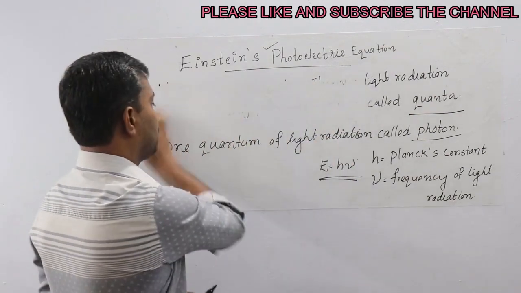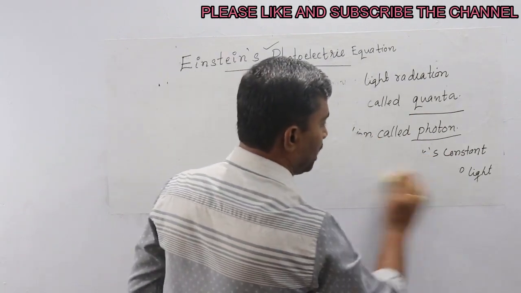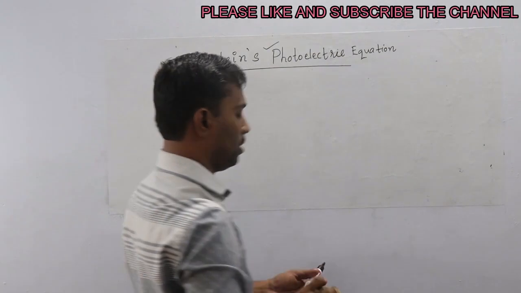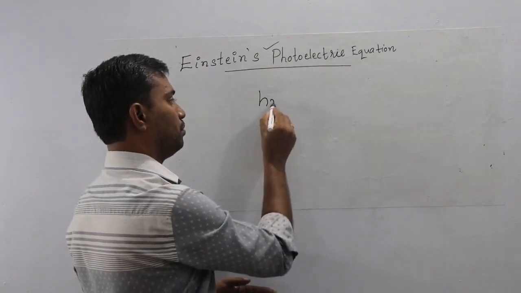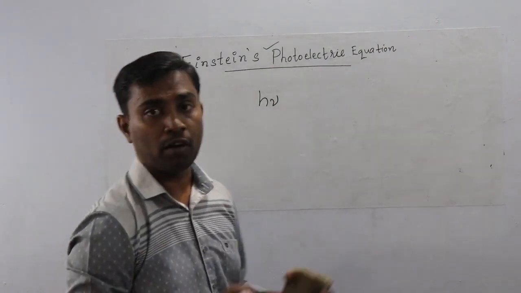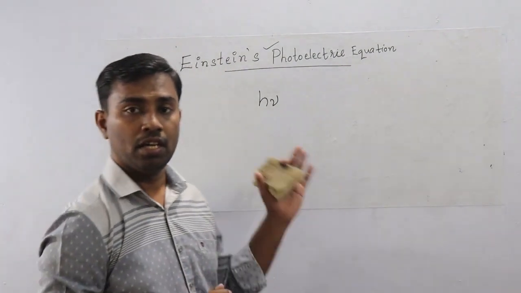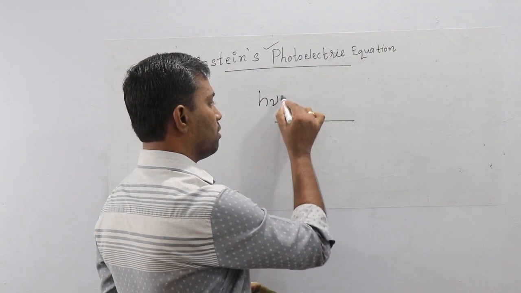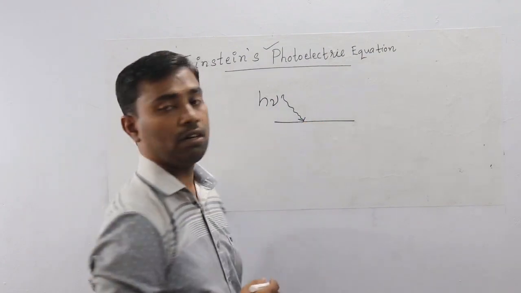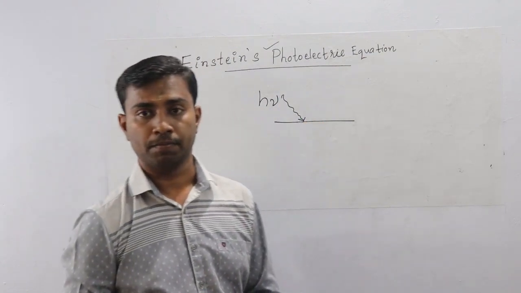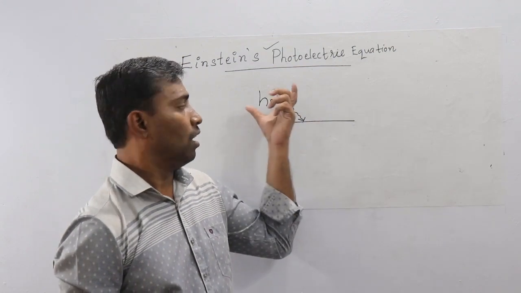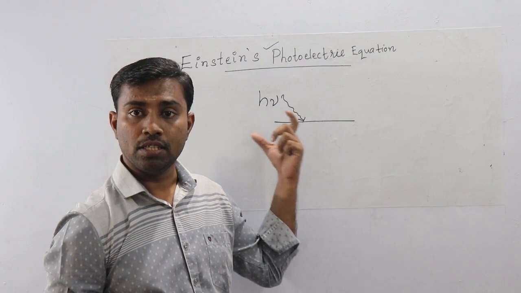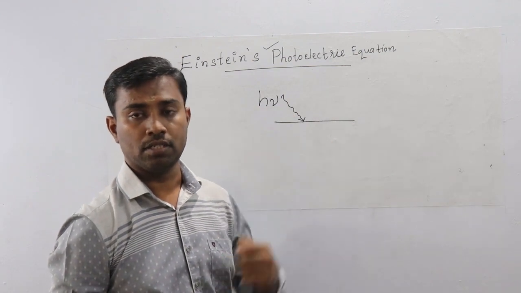He considered one quantum of radiation, a photon of energy h nu, incident on a metal surface.